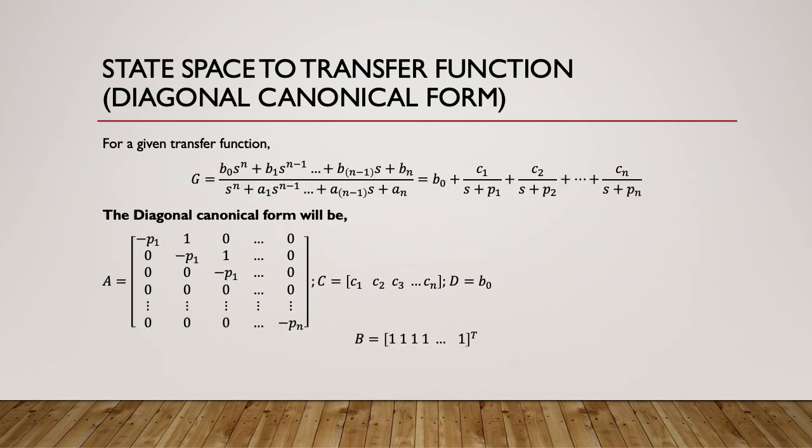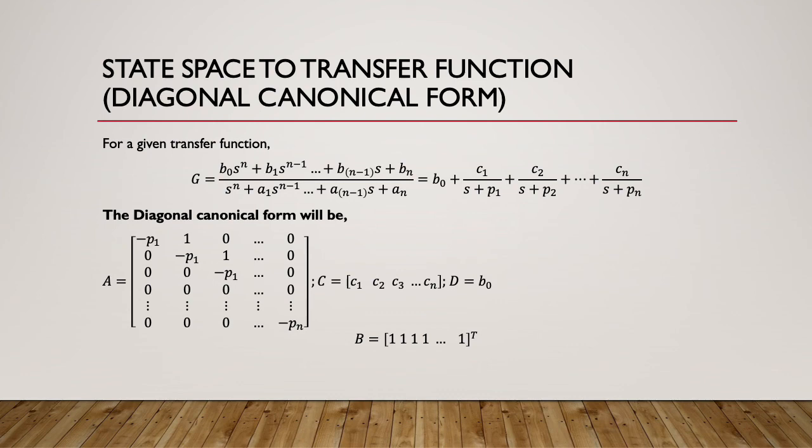The diagonal canonical form generally represents the poles of the system on the diagonal of the state matrix. For the diagonal canonical form, we have to take a partial fraction expansion of the transfer function in the given form: b0 plus c1 over s plus p1, and so on.